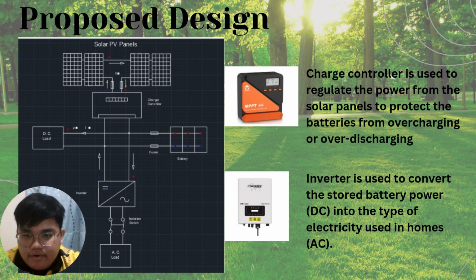But before the AC load, we have the inverter. The function of the inverter is to convert the stored battery power, which is DC, into the type of electricity used in our home, which is AC. And the function of the charge controller is to regulate the power from the solar panel to protect the battery from overcharging or over-discharging.